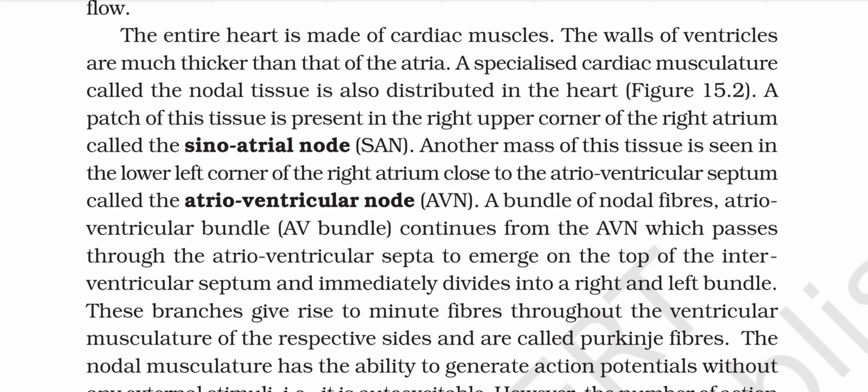You have to visualize this inside your brain. If you cannot visualize it, please refer to the diagram, it will help you a lot. This is called the atrioventricular node.